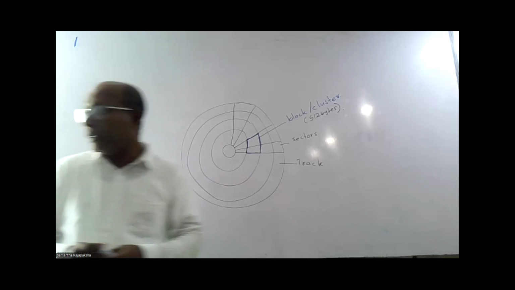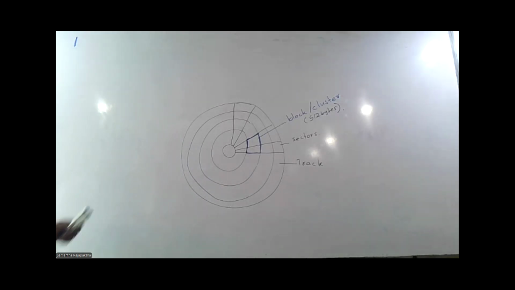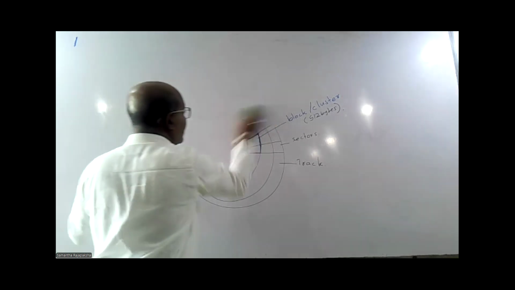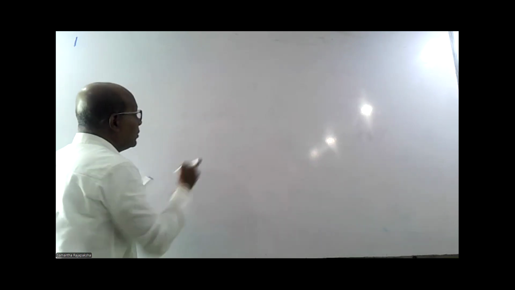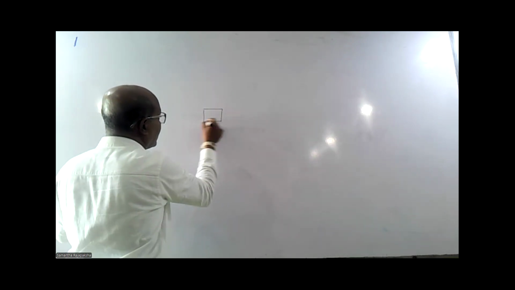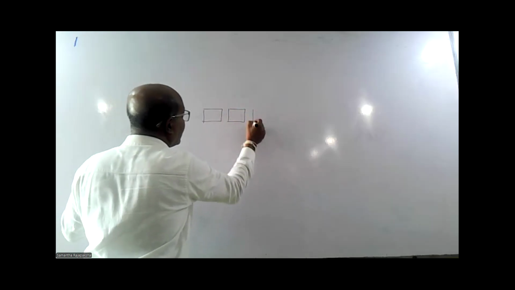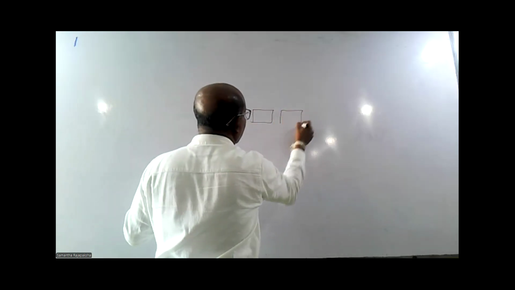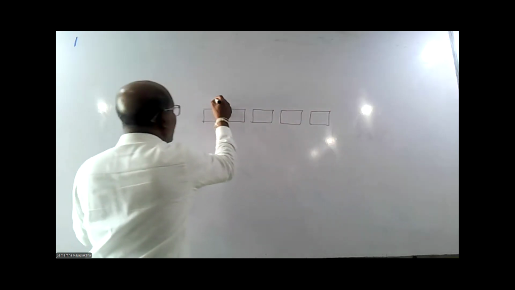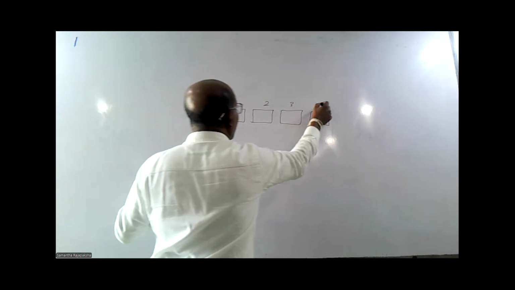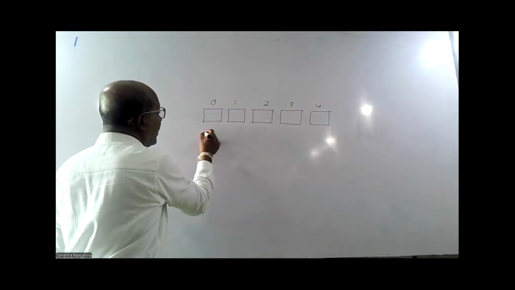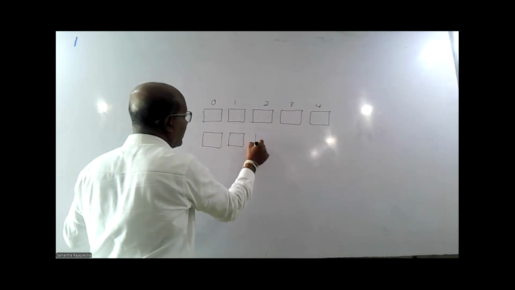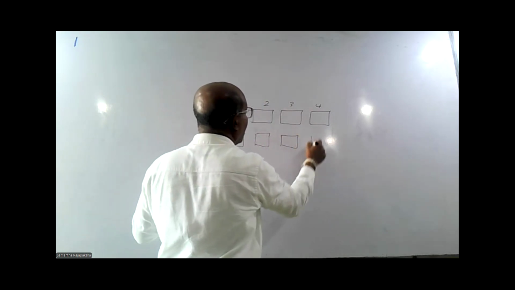So in general, you can think the hard disk is something like this. This is a physical view, but when you are doing the calculation or operations, you can think the hard disk is a collection of blocks. It has a collection of blocks like this, and we number these blocks starting from 0: 0, 1, 2, 3, 4, like that. And each block is how much? 512 bytes.